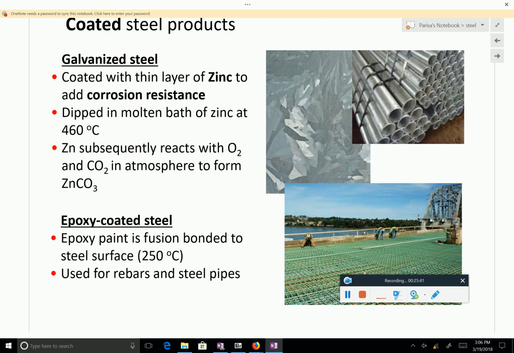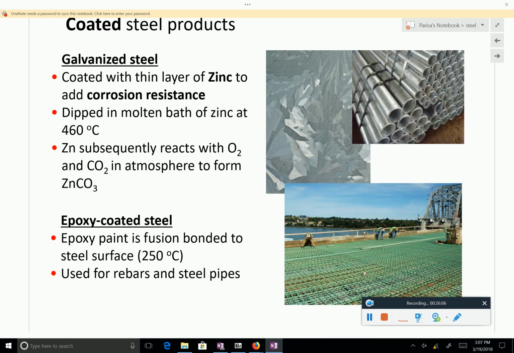One is to use galvanized steel, which is basically you dip the steel into molten zinc, and it generates a protective layer around the steel that prevents corrosion from happening. And the other one are these green kind of reinforcement. Have you ever seen the green reinforcements in the job site? Here, this is an example.